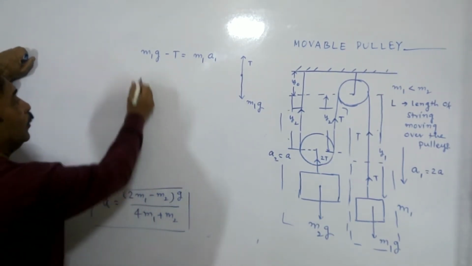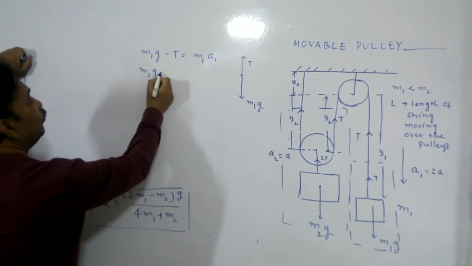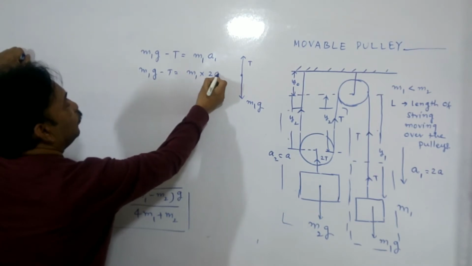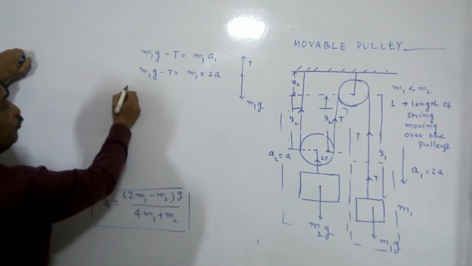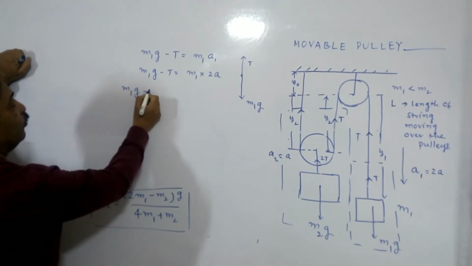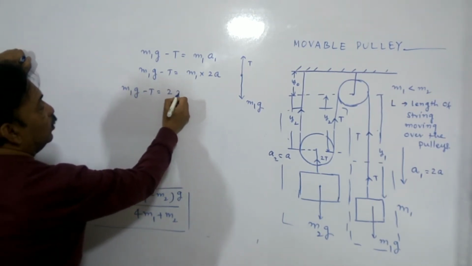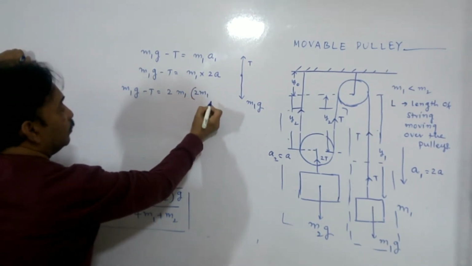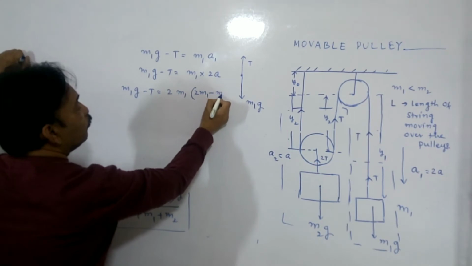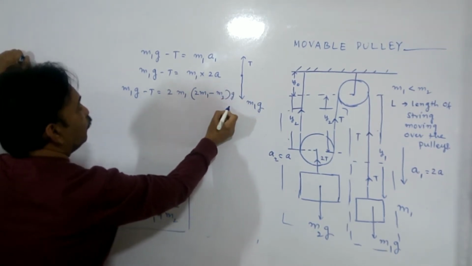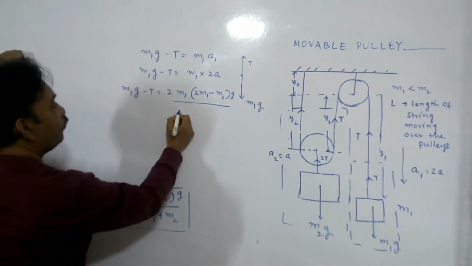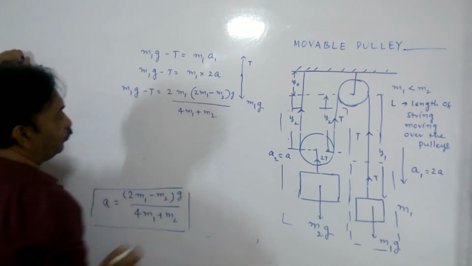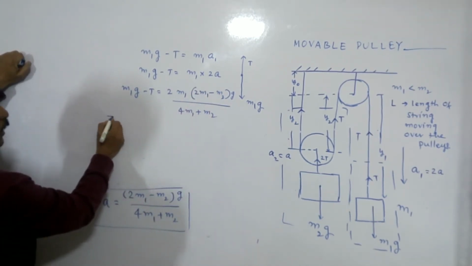Okay, and we wrote it as m1g minus T equals m1 into 2a. We had the value of the a. It is m1g minus T is equal to 2m1 into 2m1 minus m2 of g, whole divided by 4m1 plus m2. Okay, students?